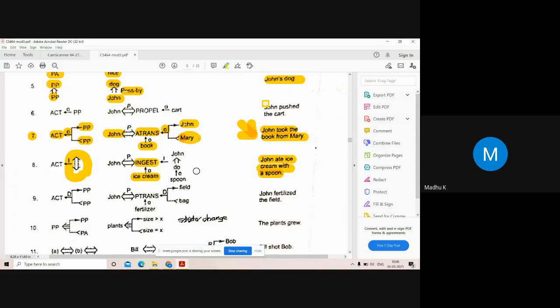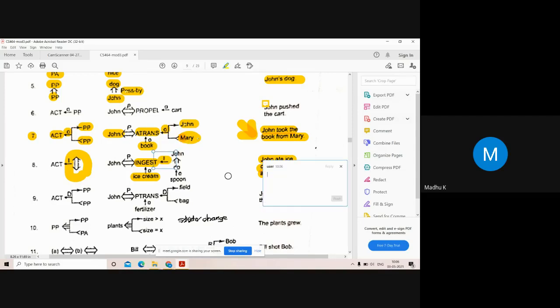There is an instrument involved in it. So in this case, John ate ice cream with a spoon. Ingest is related to the ice cream. Then in addition, there is an instrument I involved in it.